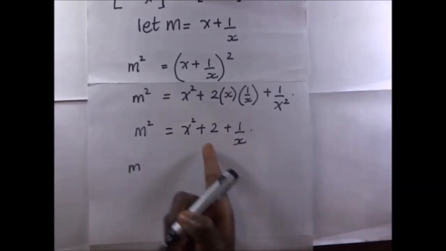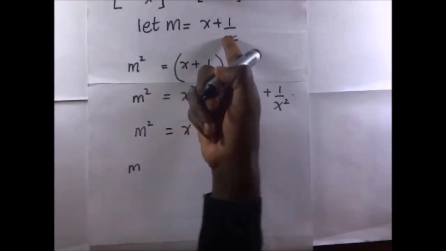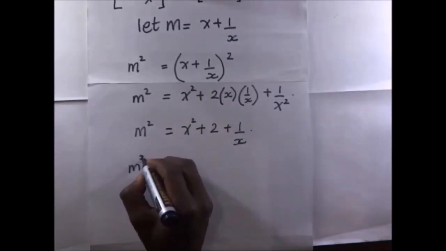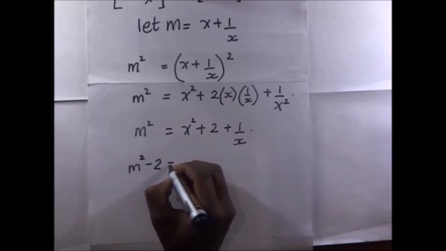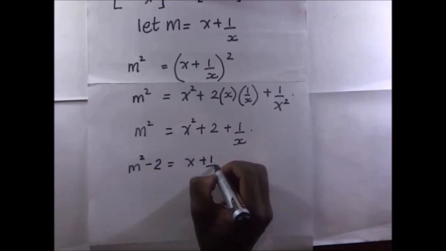So if we make it look like that, it means we are supposed to remove this 2 from here. So it means m squared minus 2 is going to become x squared plus 1 over x squared.